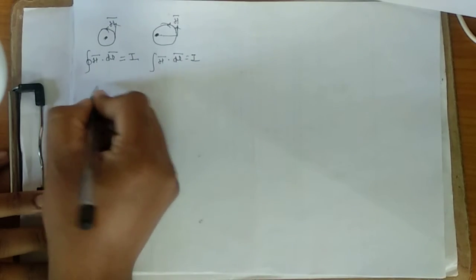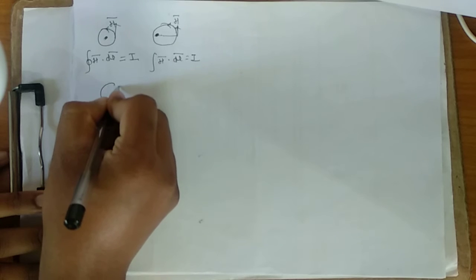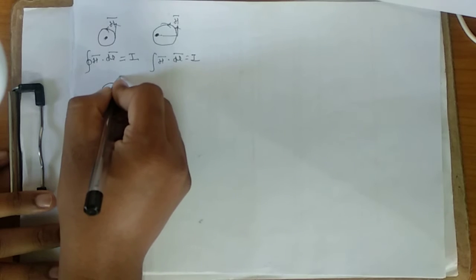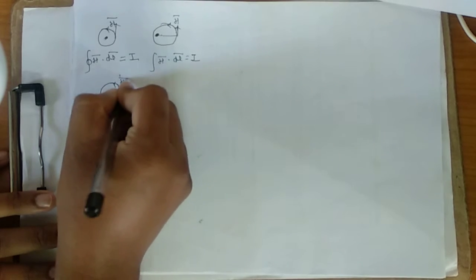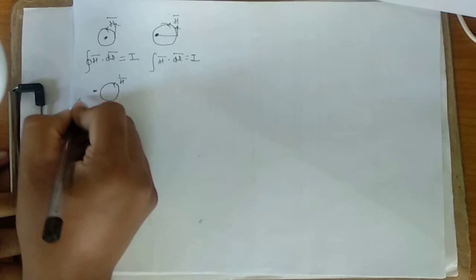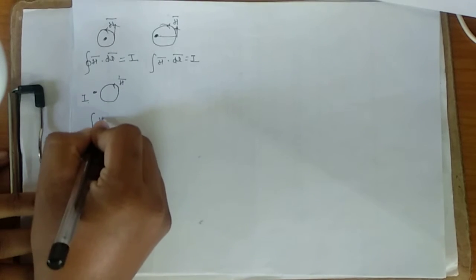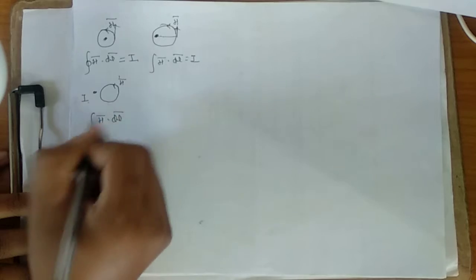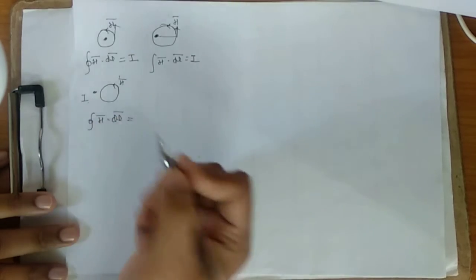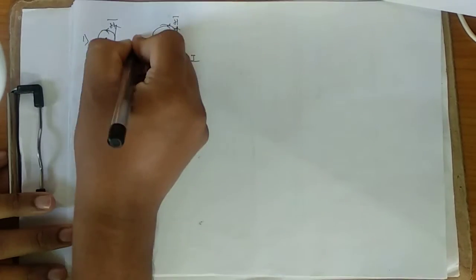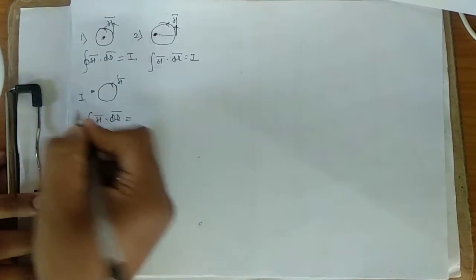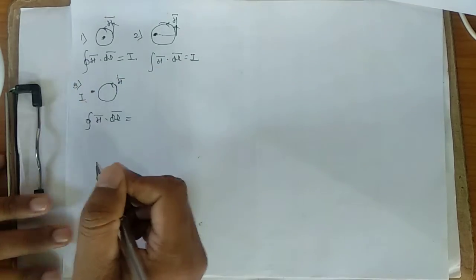Now one more example. Suppose this is a closed path and this is h bar, and here is the current source. So what about this equation? Does it follow h bar dot dl bar equal to I, this is first, second, third. So give me the answer for the first, second and third.